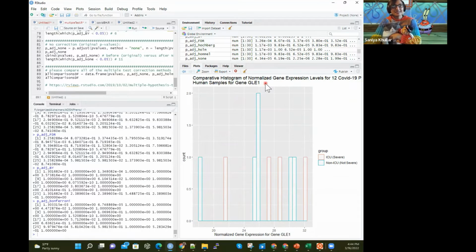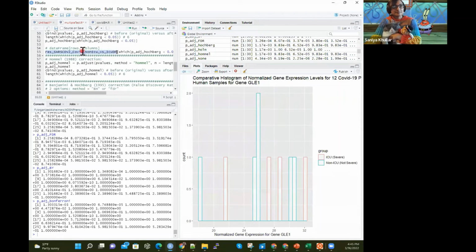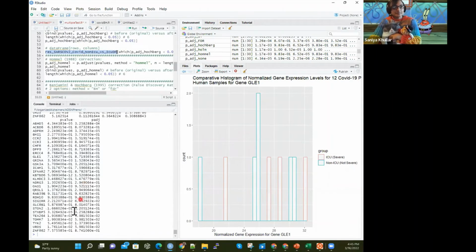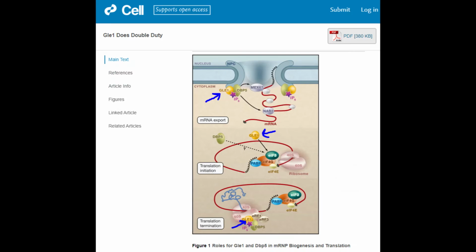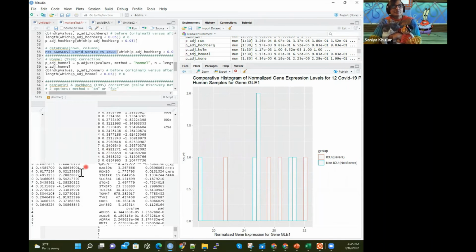So that just shows this is one of the genes that we were looking at, because you can see that GLE1 is one of these. GLE1, we have its p-value for GLE1. And other metrics from this data frame that we can pull up.